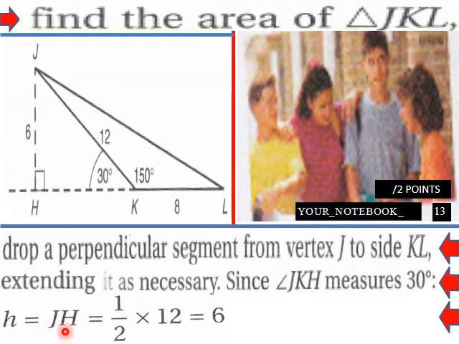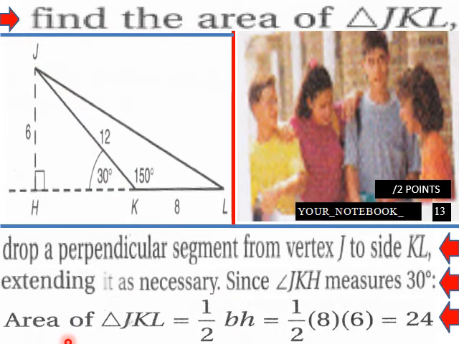Height JH equals 1/2 times 12 here. 1/2 times 12 would equal 6. Area of JKL would be 1/2 base times height, 1/2 times 8 times 6, which is 24.